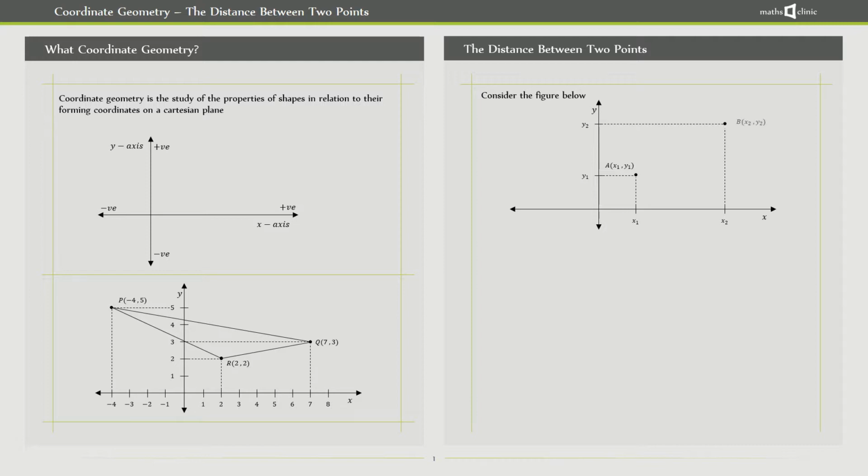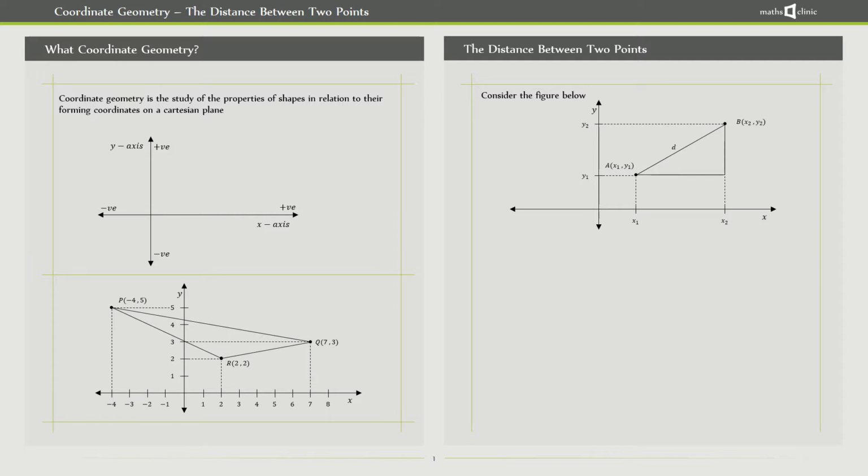So point B is (x2, y2). Now I'm going to draw a line joining point A and point B, and we're looking for this distance D. So we want to find D in terms of the points (x1, y1) and (x2, y2).